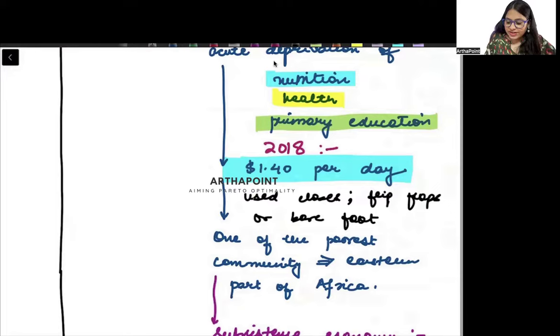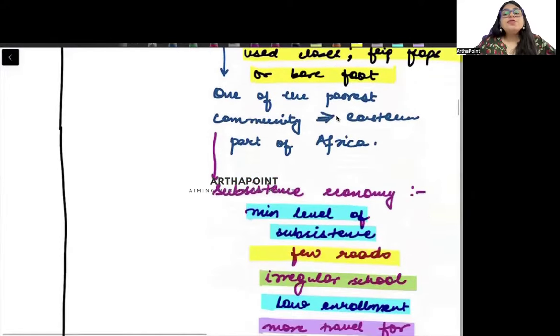They will get used clothes, used flip-flops और barefoot. कभी कभी वो नंगे पैर ही होते हैं. कभी कभी जो उनकी चप्पल होती है वो बहुत ज्यादा घिसी हुई होती है या बहुत टूटी हुई होती है. So they either have barefoot or flip-flops, right? Or they are using used clothes. They are one of the poorest communities in any country.